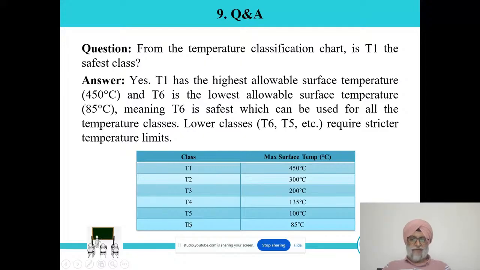In the case of T6, the maximum surface temperature should be, say, 85. So if the auto-ignition temperature of the gas is 450 and you are using T6 of 85, that is fine, because 450 is much higher than 85, so it is much safer. You can use it, of course. So our answer is that T6 is the safest one.